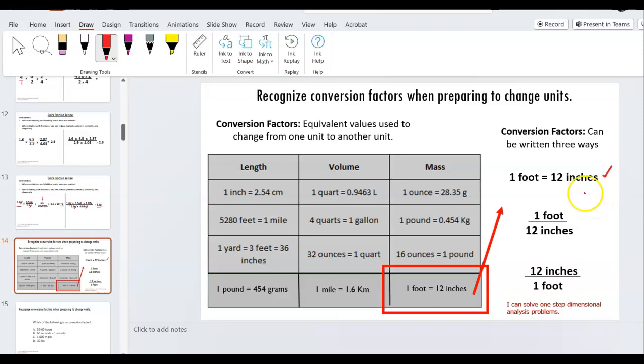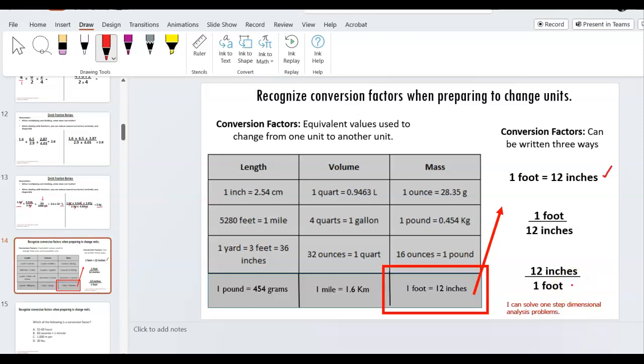Conversion factors can be written as equalities, as you see here, but also as fractions and ratios. And so for every 1 foot, I have 12 inches this time on the bottom. And I can also flip that around and say for every 12 inches, there's 1 foot. So we're writing them in fraction form. Really, we're writing them in ratios.